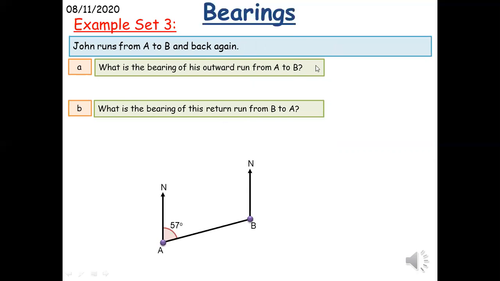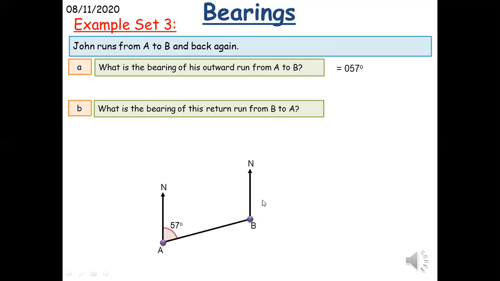So he means that I have to stand at A and measure the angle clockwise. Since I have the drawing, he gave me the angle, which is going to be 057. Question b, what's the bearing of his return run from B to A?